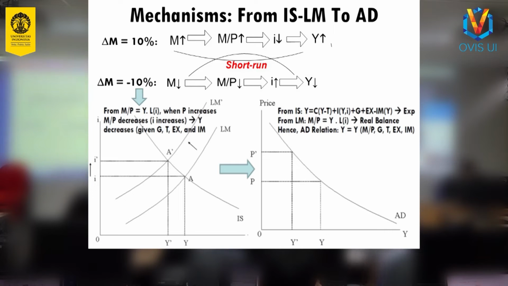Okay? Now, once you have this, look at the relation between P and Y. Is it positive or negative? It's negative, because P is in the denominator, right? That was the beginning of the AD curve.